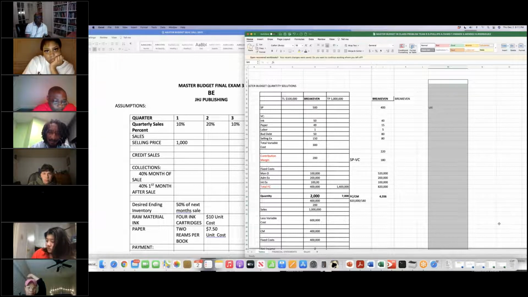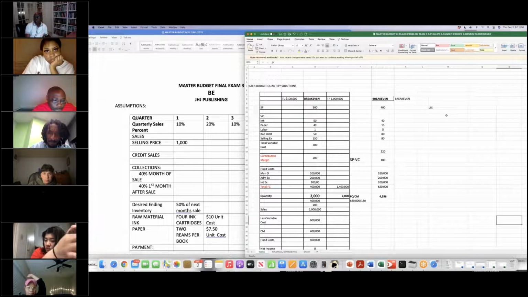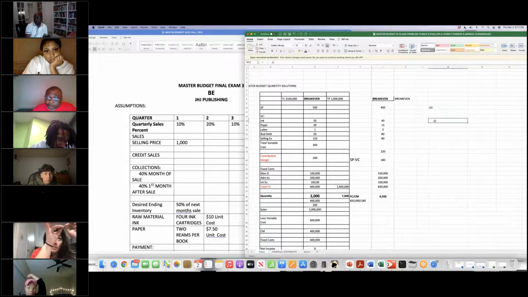Recalculating the selling expense too. Make a decision. Is the bad debt still 20%? Look at the assumptions, make a decision. Oh, okay. I got you.